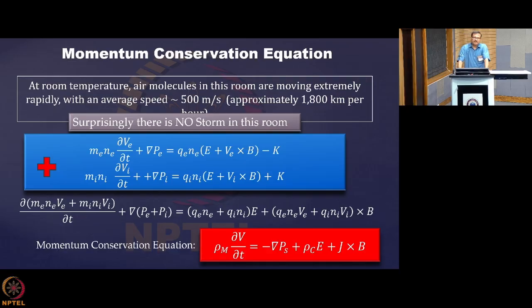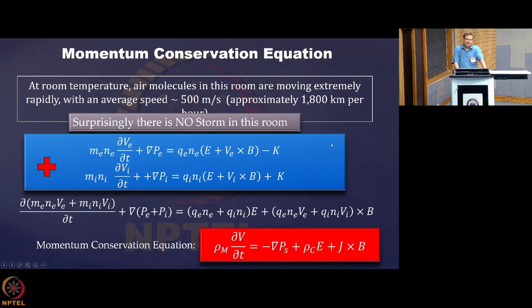In the case of the momentum conservation equation, we found that there is no other way to escape from this collision term. So we used the two fluid model, where the electron equation had a term minus k, because the electrons were colliding with the heavy species, the ionic fluid, and thereby exchanging the same amount of momentum with the ion fluid.